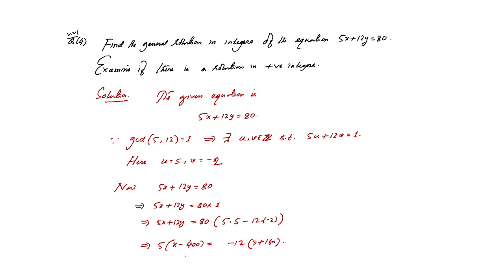Now since 5 and 12 are prime to each other, we can write x minus 400 by minus 12 equals y plus 160 by 5. Why? Because the GCD of 5 and 12 is 1, so 5 must divide y plus 160, and 12 must divide x minus 400.